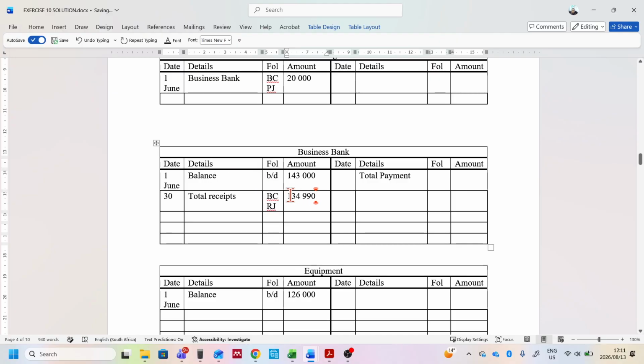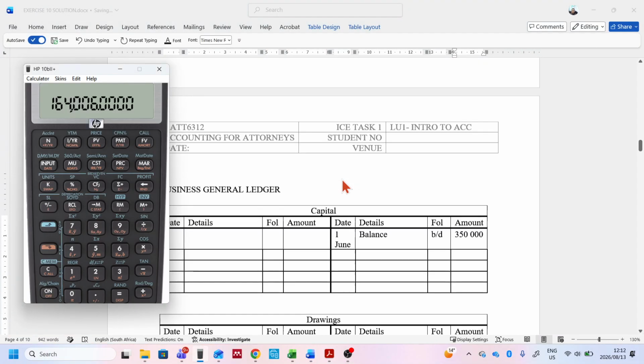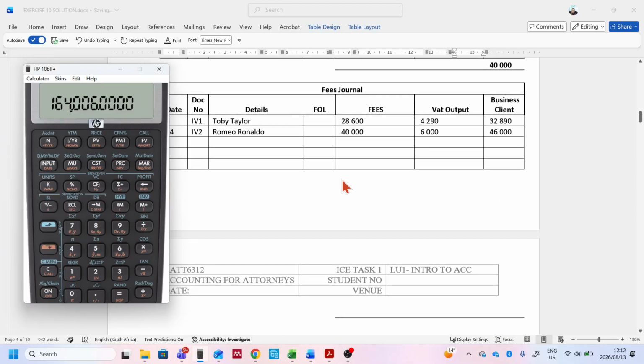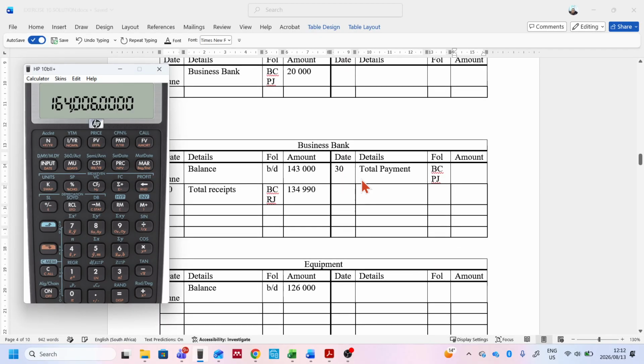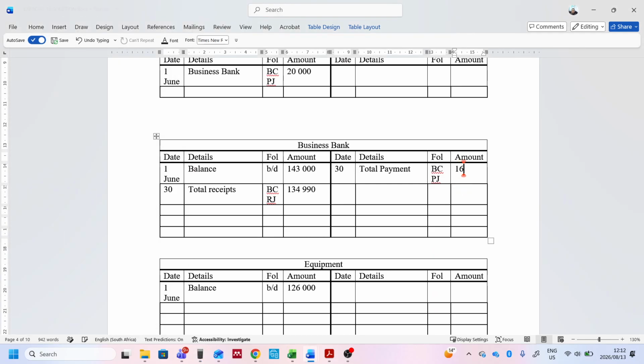Then for total payments that the business made, you'll indicate that on the 30th, we made total payments, which are all recorded in the business cash payment journal. And the total of this was, is this the correct amount? 164,006 rand.